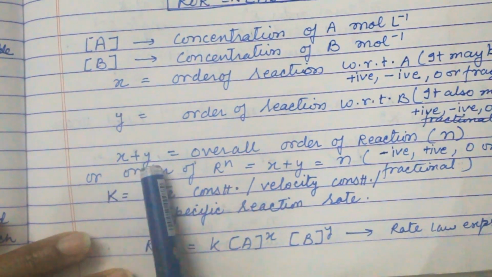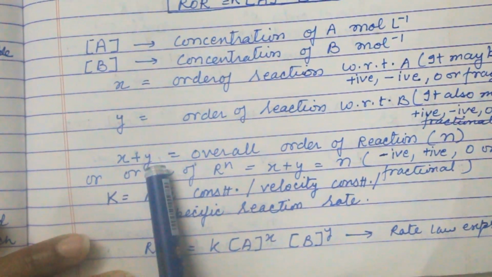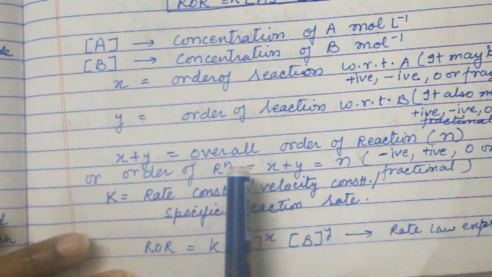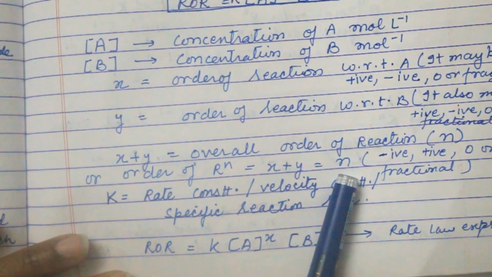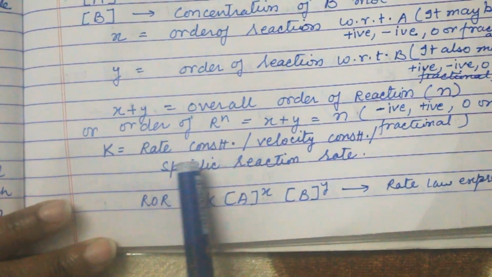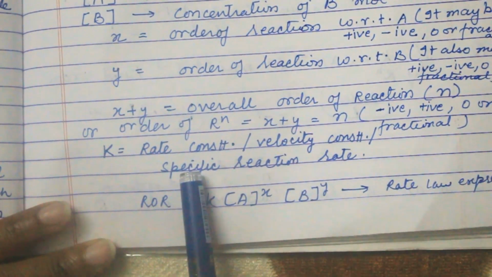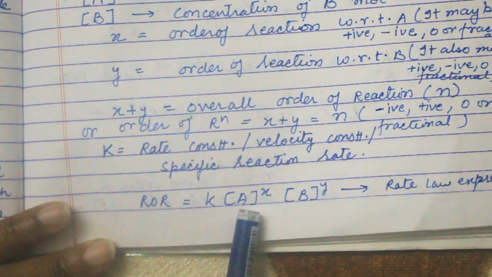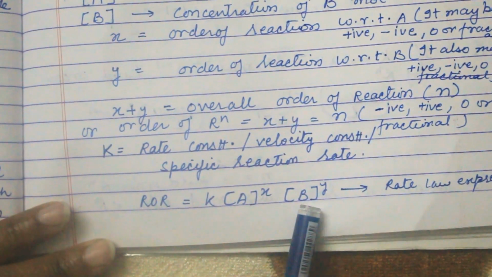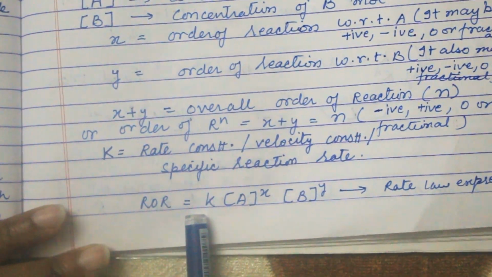Always remember, x plus y is the overall order of reaction, N, which also may be negative, positive, zero or a fraction. K is a rate constant, velocity constant or specific rate constant. So the rate of reaction is equal to K, A to the power x, B to the power y. This is the rate law expression.